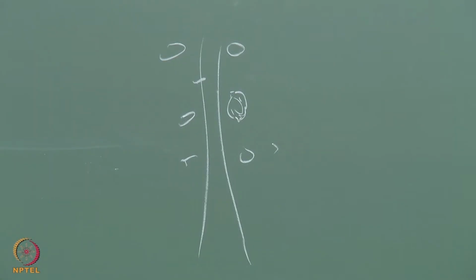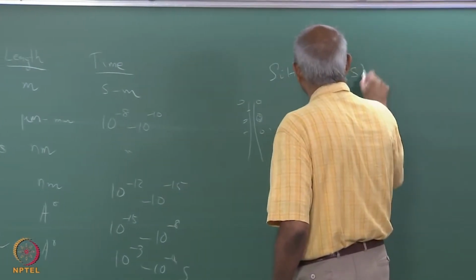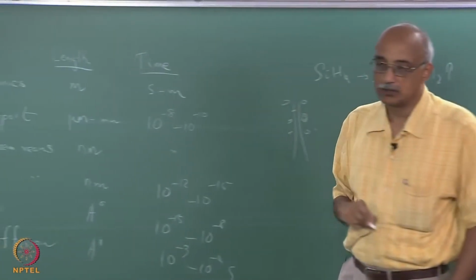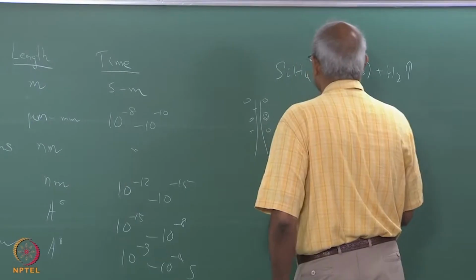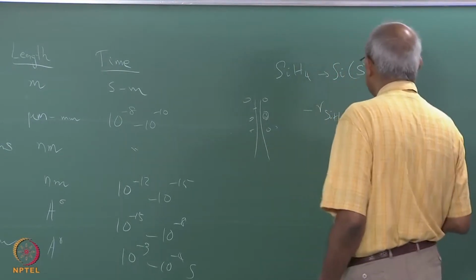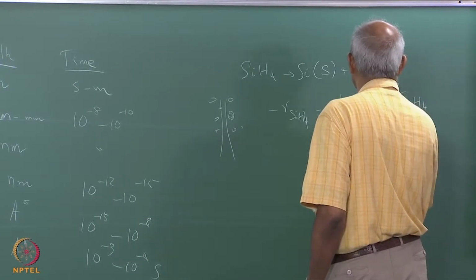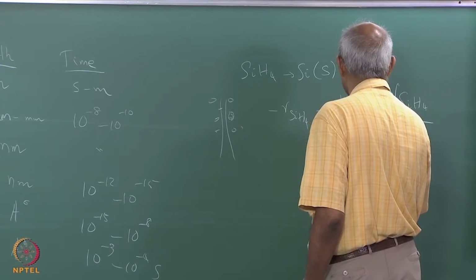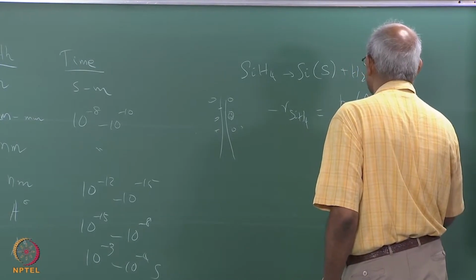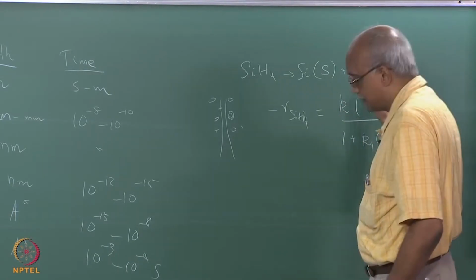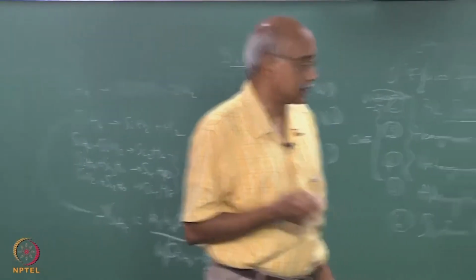So, if you look at this situation, the modeling has been primarily looking at the overall behavior of SiH4 going to silicon solid plus hydrogen gas, and this has been modeled as r SiH4 equals a kinetic rate constant times A by V times C SiH4 over 1 plus K1 times C SiH4 plus K2 times C H2, where A is the total surface area of the particle, and V is the gas volume that is passing by.